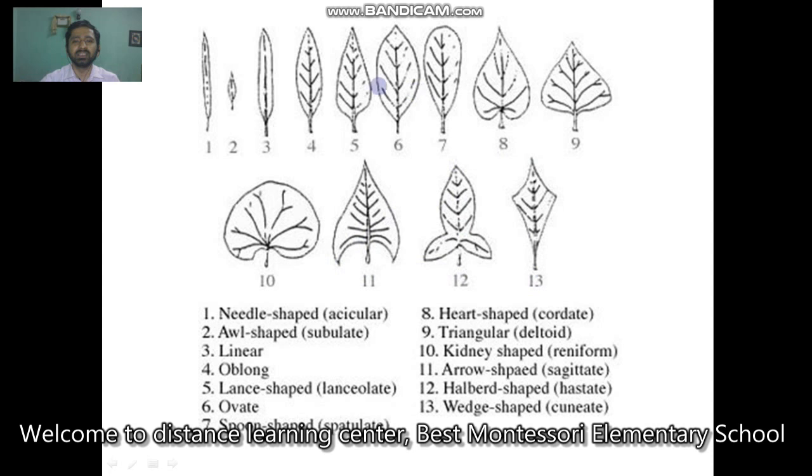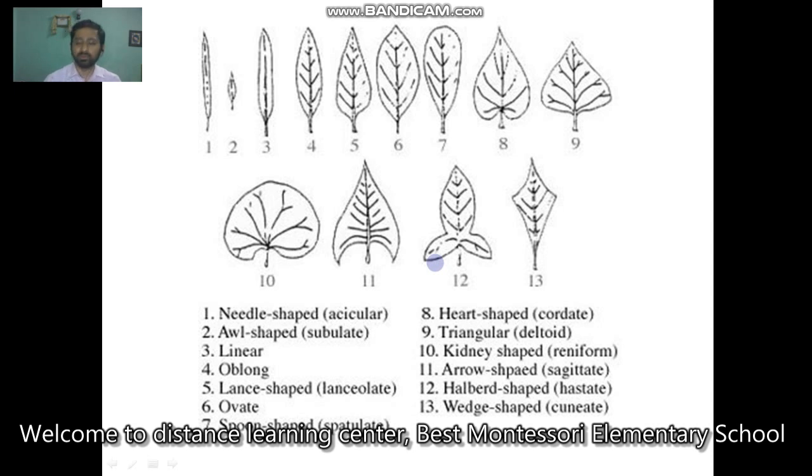Now by seeing the leaves, if we are well acquainted with these different shapes of leaf of a flower or a plant, then we can identify its type of shape. Look, there are many. We have to view this. Then in the next video we will be talking about identifying different types of flowers in our garden.